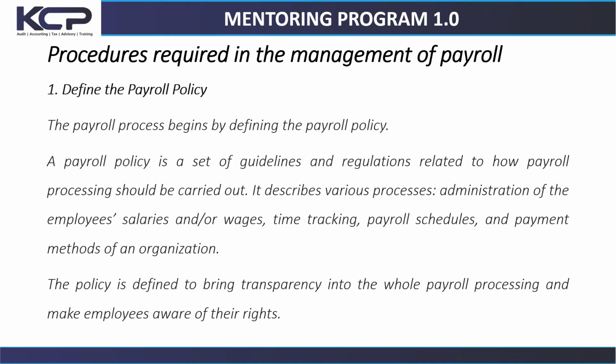So what every structured organization should do is to have what we call a payroll policy. So what would you have in a payroll policy? The payroll policy is a set of guidelines and regulations relating to how payroll processing should be carried out. Number one, it will outline the various grades in the company's organogram.